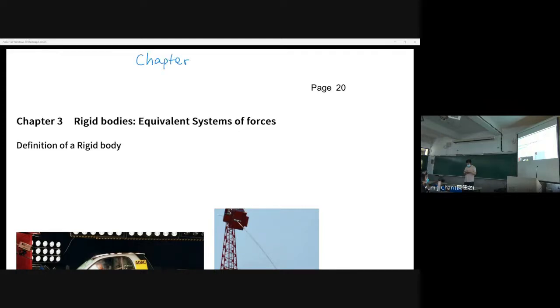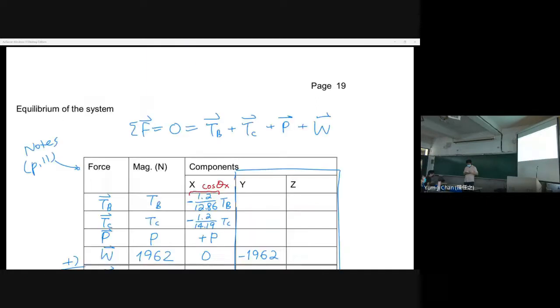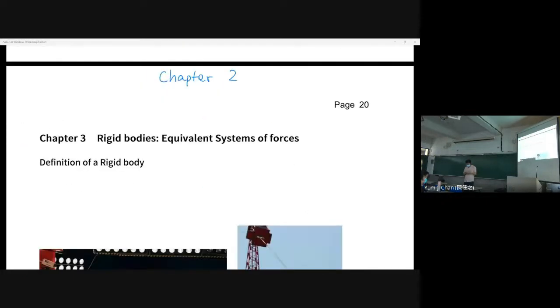In chapter 2, we talk about forces on points. And from next week on, we are talking about forces on rigid bodies.